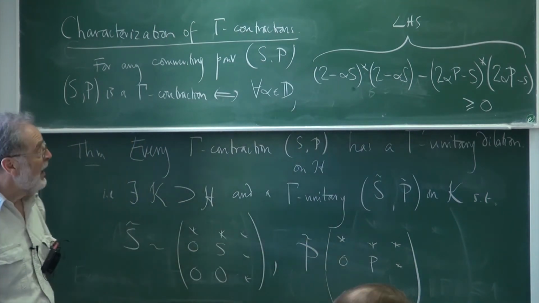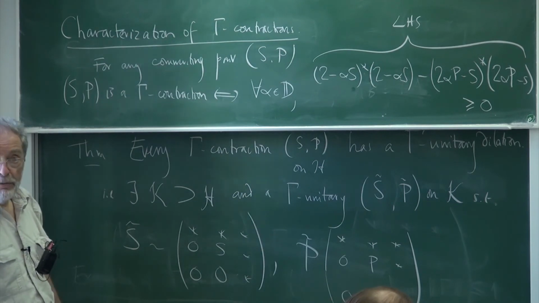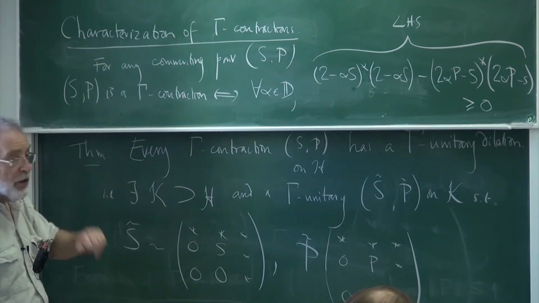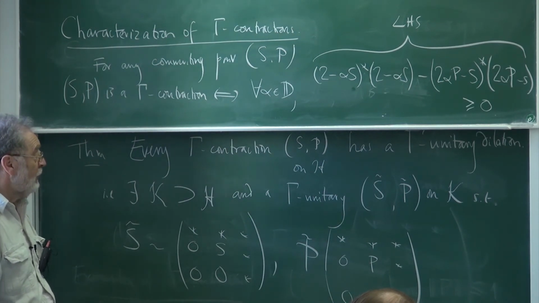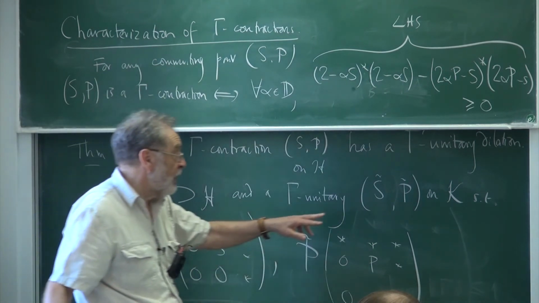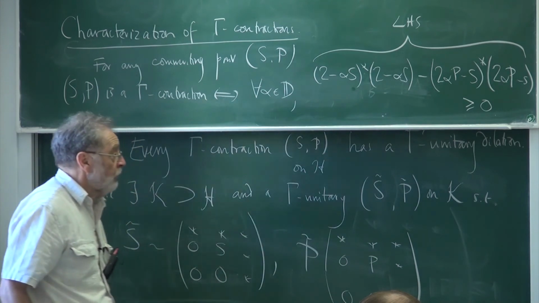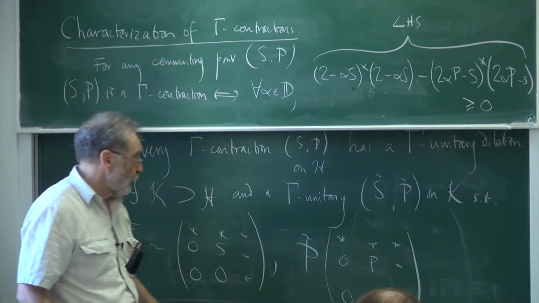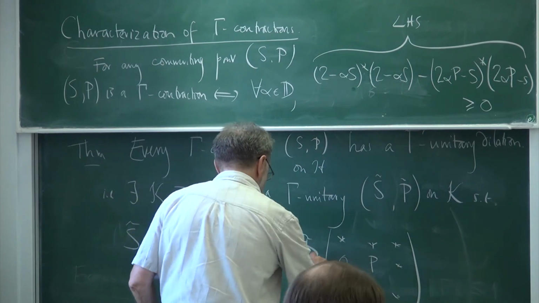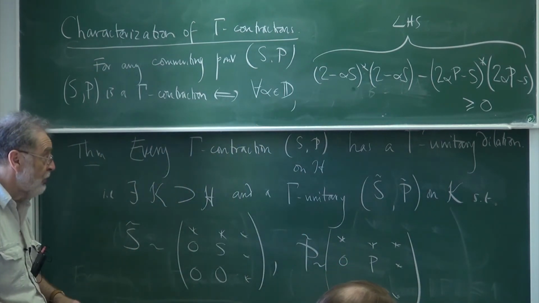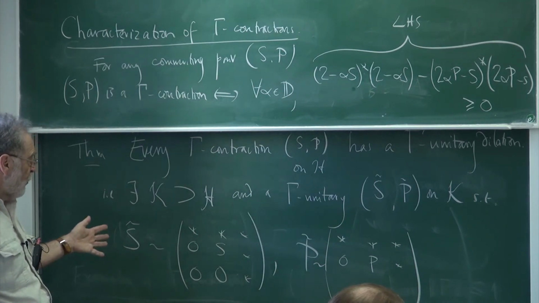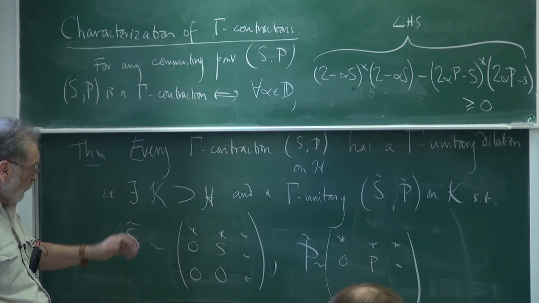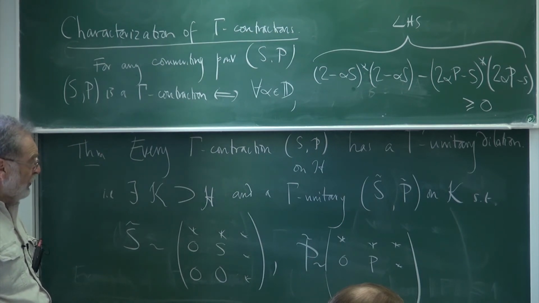And then S is an operator of norm less than or equal to 2 that commutes with P, and so the commutant lifting theorem says that there is an S tilde on K. So we take P tilde to be the minimal unitary dilation of P. Then the commutant lifting theorem will give you an S tilde which lifts to K and commutes with P tilde.